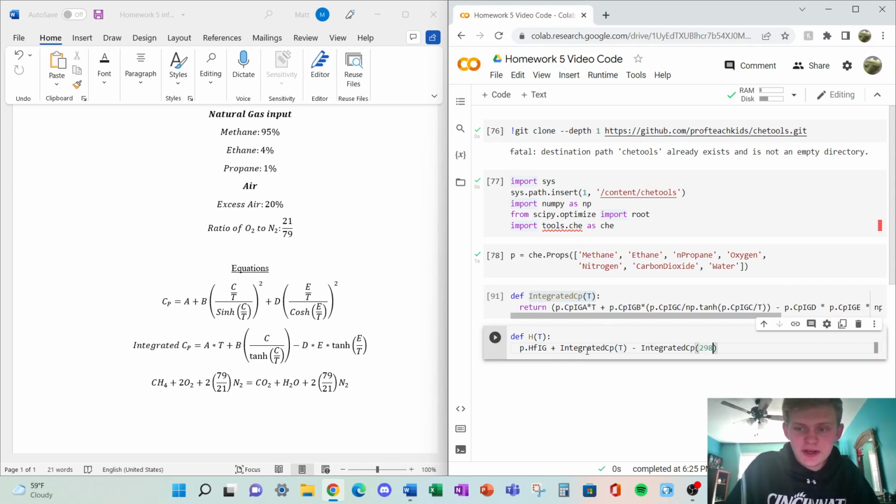We're going to put an initial value of 298 Kelvin, because this is an integration, so we need to have a lower limit and a higher limit. Whatever this higher T is going to be is our higher limit.